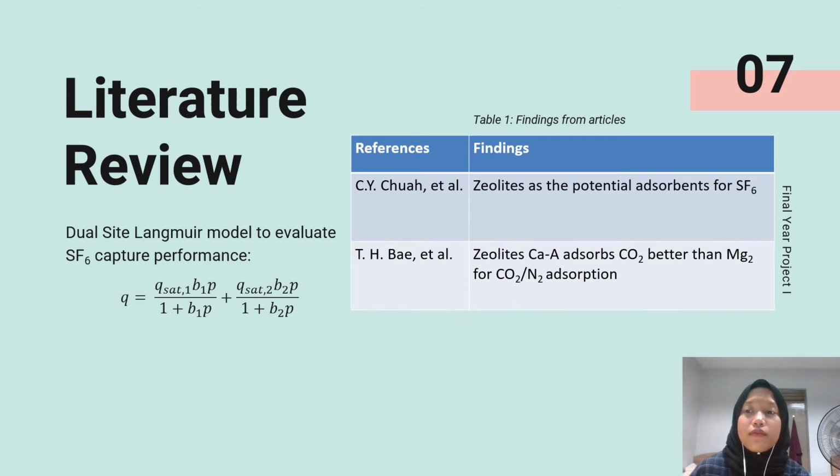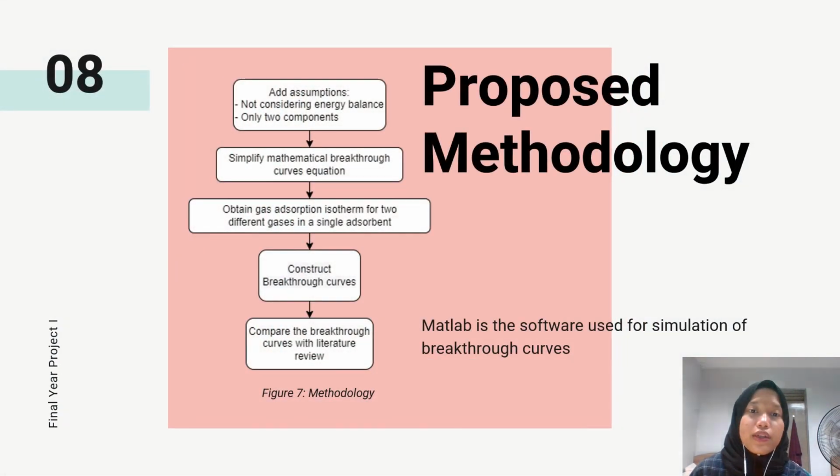Alright, so for the methodology, the first step of the proposed methodology is to make the assumptions. As of now we have two assumptions: we will not be considering the energy balance, and we will only take into consideration two components.